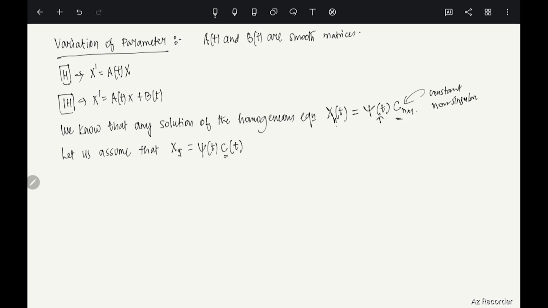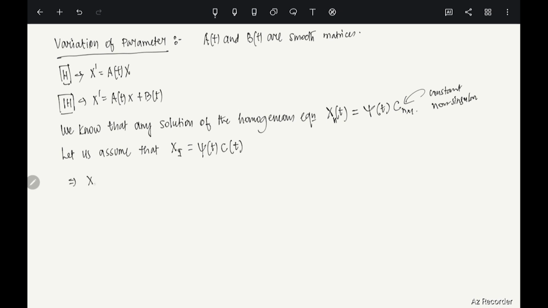This c and the earlier c have nothing to do with each other. Motivated by the fact that x h looks like phi of t times a constant, we are assuming that the inhomogeneous problem has a solution of the form phi of t times c of t. We don't know whether such a solution exists or not. Let's just check if something like that can happen. That is why this method is called variation of parameters. So we are varying the parameter here.